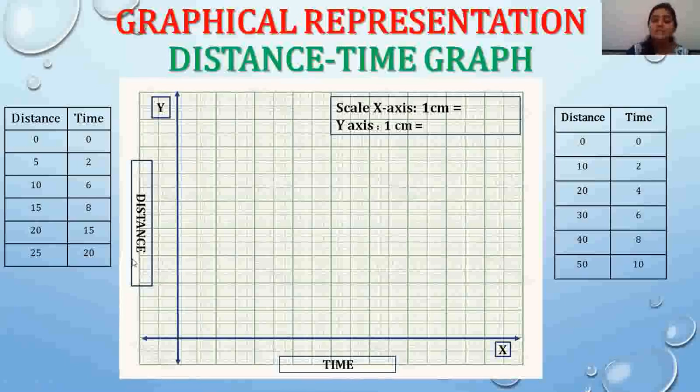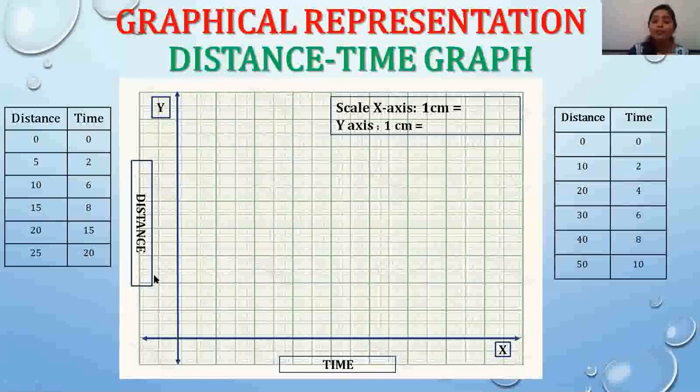Okay, so this distance and time that we are talking about are two variables, two measures, two sets of data, and out of that, one is a dependent variable, that is distance, and one is an independent variable, which is time. Okay, so as you can see on the graph, distance I have written on the y-axis and time I have written on the x-axis.